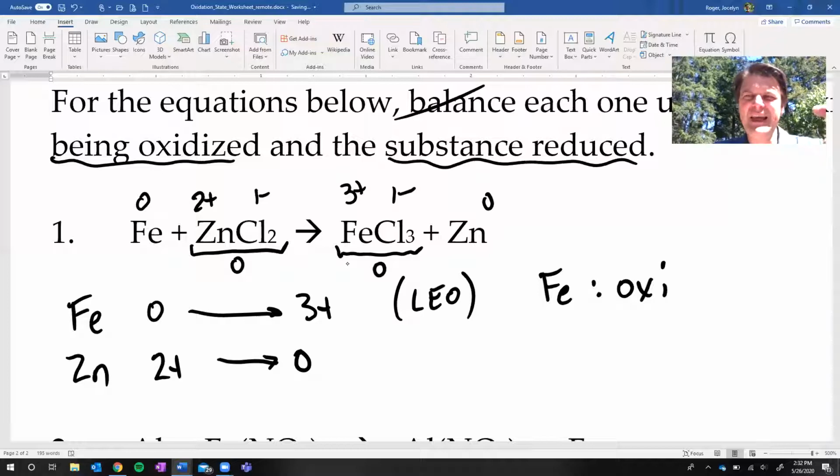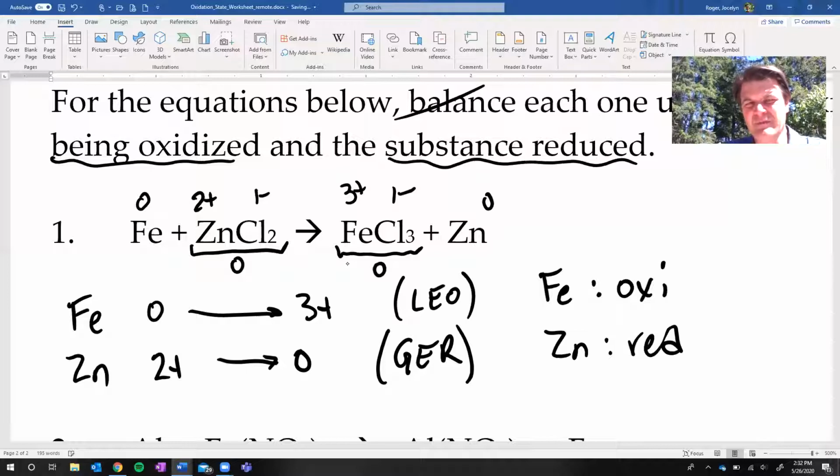So the zinc had to gain 2 electrons. Gain electrons, reduction. So the zinc is being reduced. Well, it's actually the zinc 2 plus that's being reduced. Right? So the zinc 2 plus is being reduced to zinc, and iron is being oxidized to iron 3 plus.